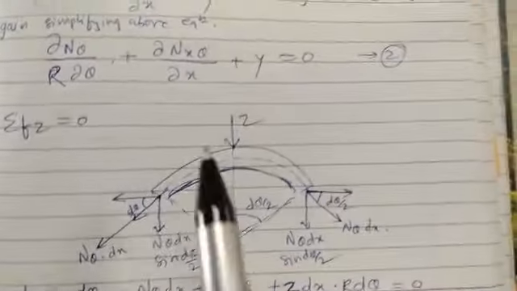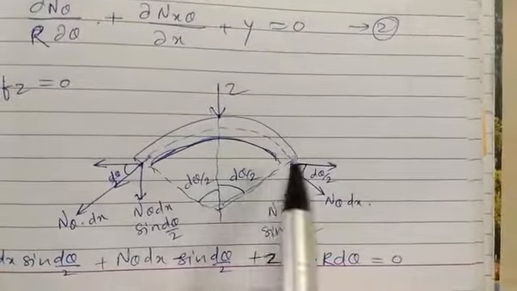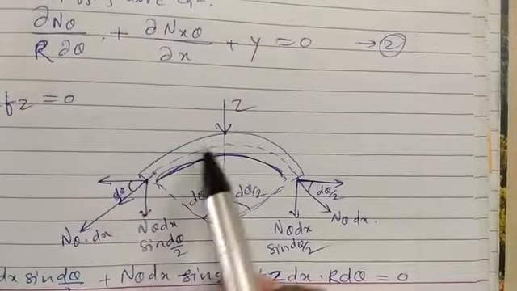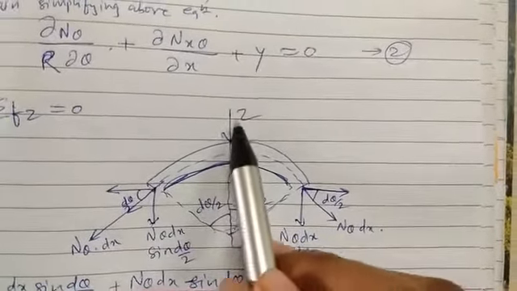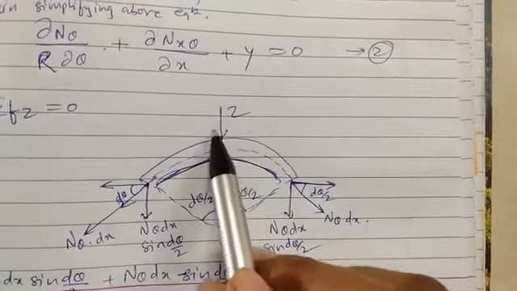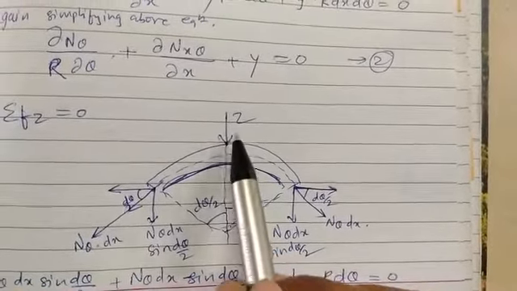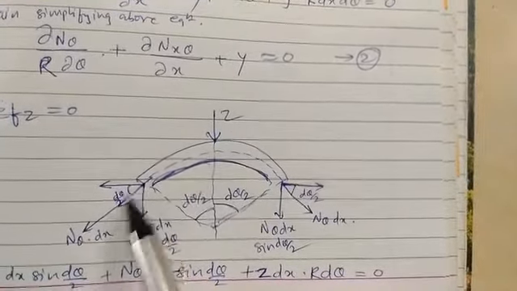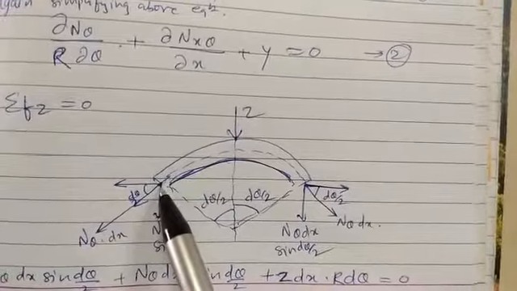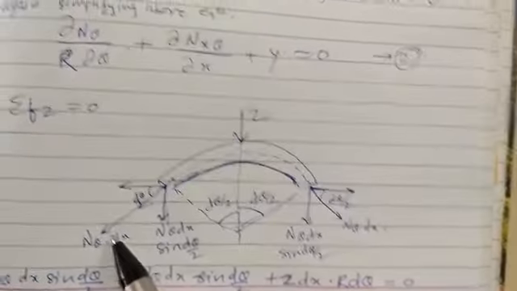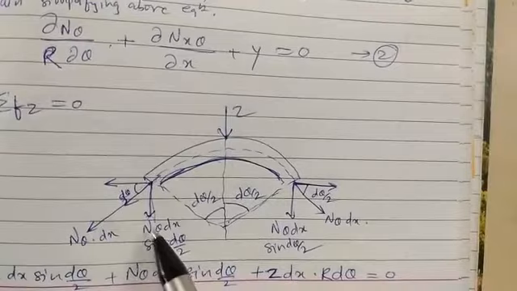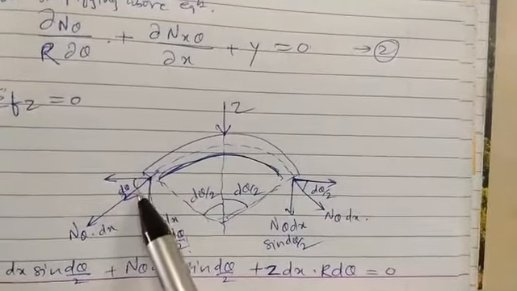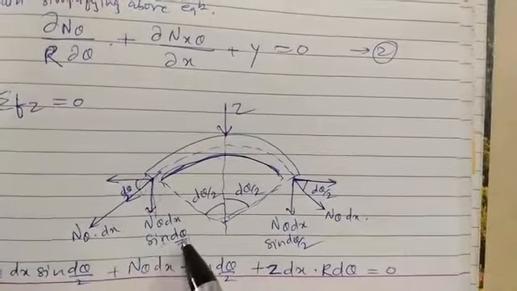To understand this, I have drawn the element here. The z direction will be vertical, we have assumed the z direction to be in the vertical direction. So I have taken out the components in z direction. For this force the z component will be n theta dx into sine d theta by 2, as this angle is d theta, so this side will be sine d theta by 2.